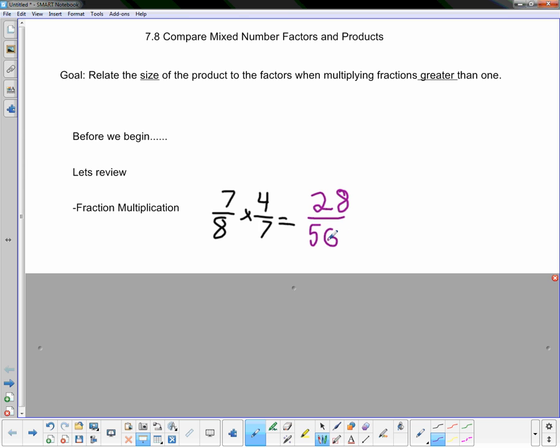Oh, remember, those are really big numbers, so we have to find a greatest common factor between 28 and 56. I already see one right away. I see that they both have at least a divisibility of 2. So I'm going to show you an easy way to do it so I don't have to find my greatest common factor.